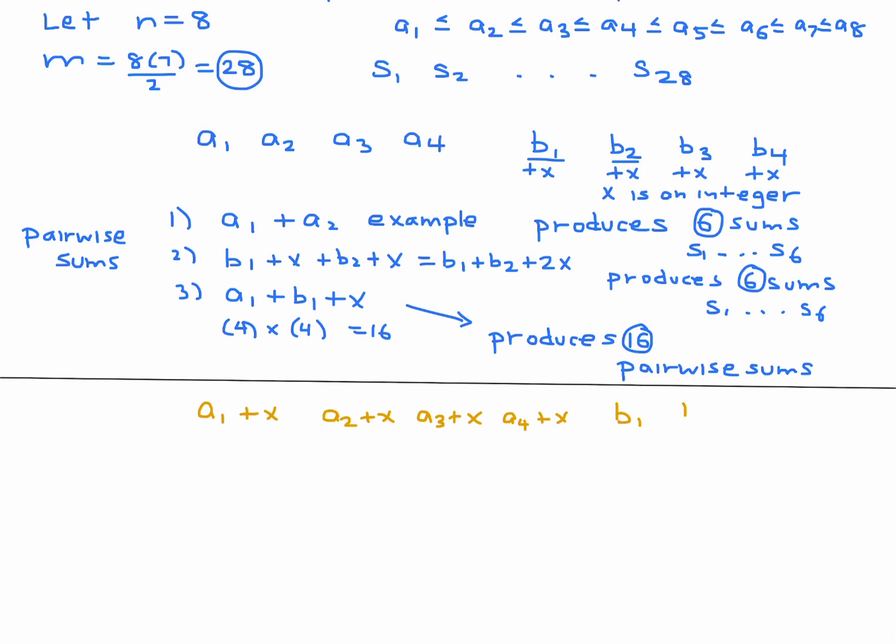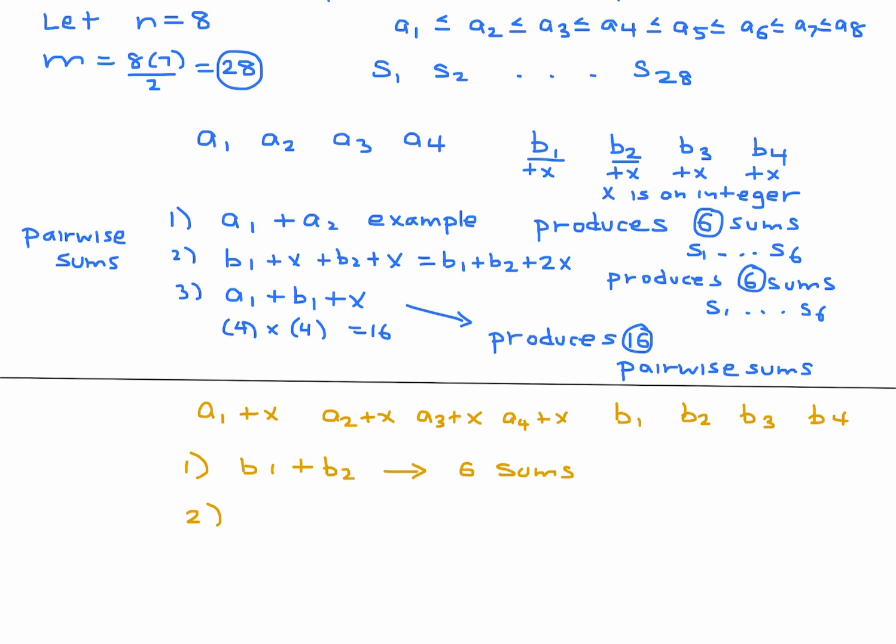And then the B's we add just by themselves, B1, B2, B3, B4. And we do the same story. The pairwise sum this time could be, say, B1 and B2. That's one way. And they would produce 6 sums. Exactly like we had up here.